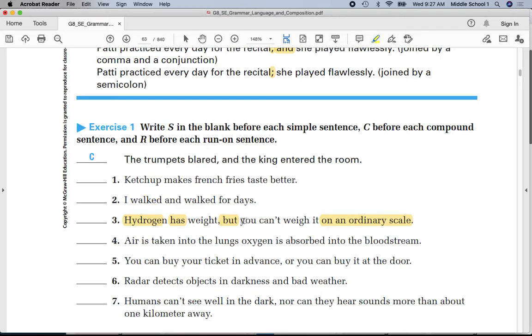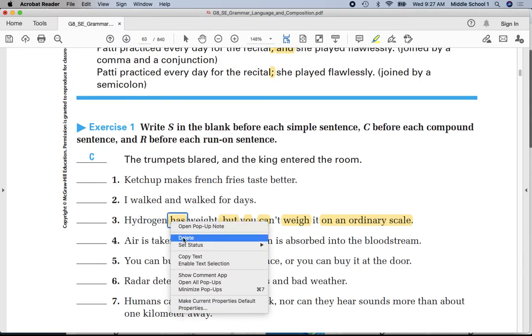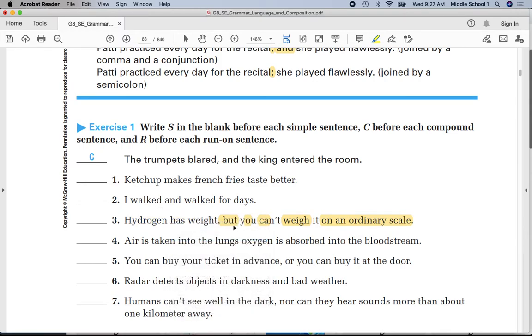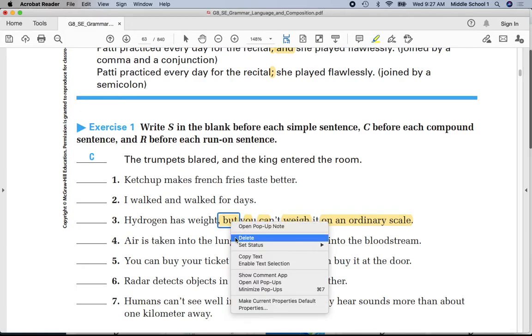So I have to have another simple subject. I'm going to underline you once and can weigh twice. Underline the simple subject once. Underline the simple predicate twice. Circle the comma conjunction.